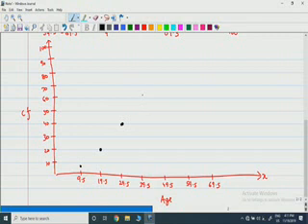So 63 will be somewhere over here. 49.5 is 80, 59.5 is 91 and 69.5 is 100. So these are the values.